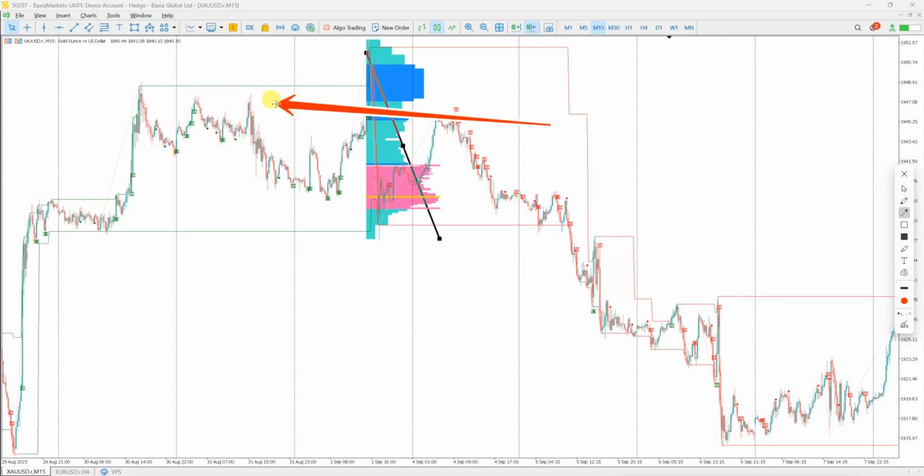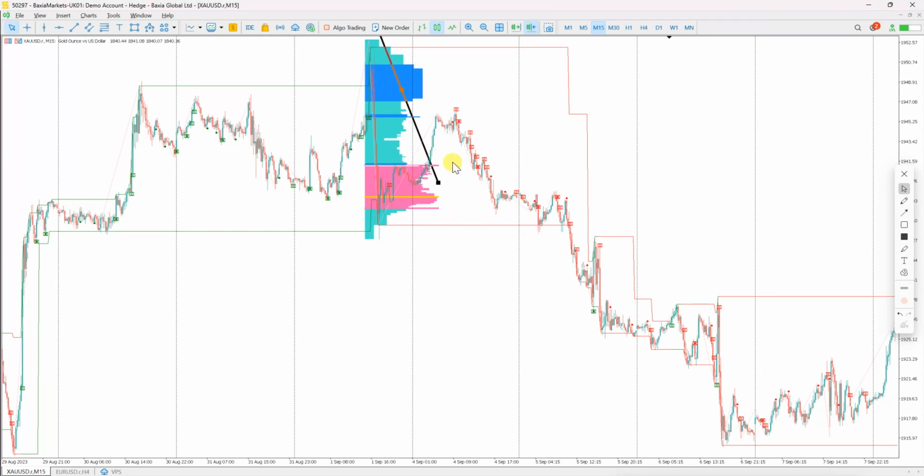If the trend is bullish, it only shows bullish fair value gaps. If the trend is bearish, it only shows bearish fair value gaps. So you must know how a fair value gap appears.